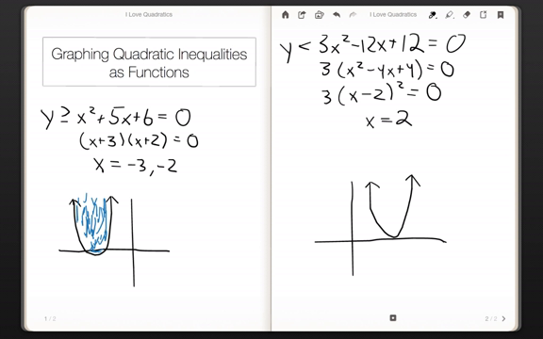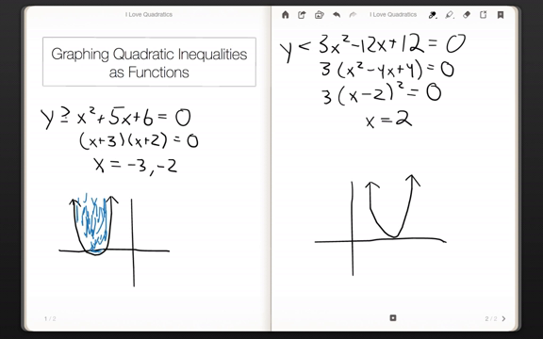So in this one, we want to figure out where the y value is less than the expression being represented by the parabola. And that would be below the line of the parabola. Below the line is where the y value is less than the line. But before we shade that area in, there's one thing we have to remember: because we do not have less than or equal to in this inequality, only less than, it does not include the line.